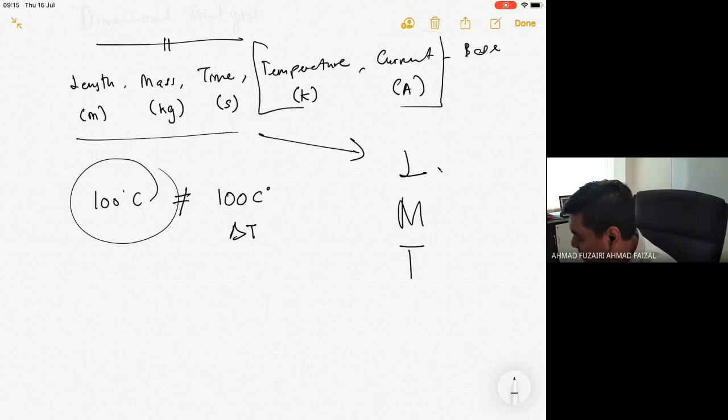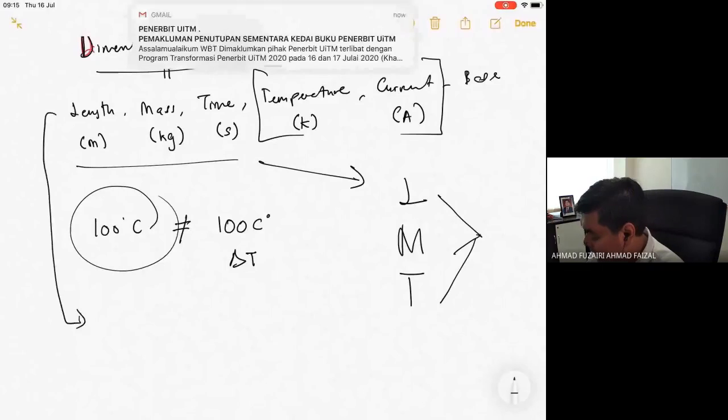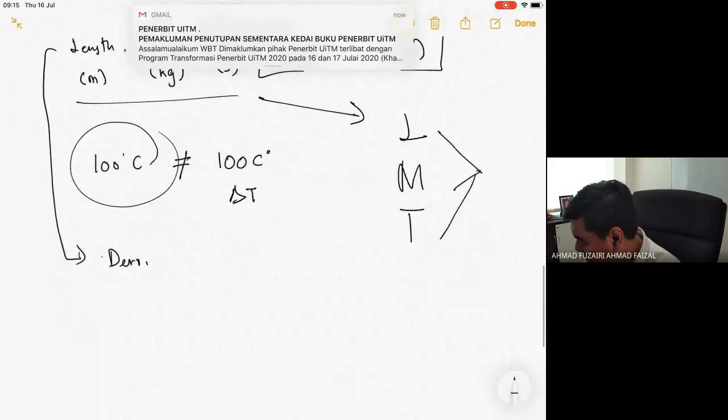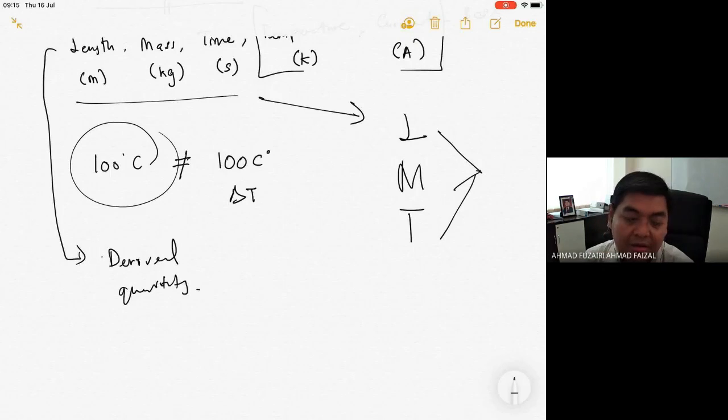This length, mass and time can be derived. Daripada base quantity, you can do a lot of other equations that is equivalent to derived quantity. Sebab tu nama dia kuantiti terbitan. Kuantiti yang telah diderivekan. Tapi derive daripada siapa?